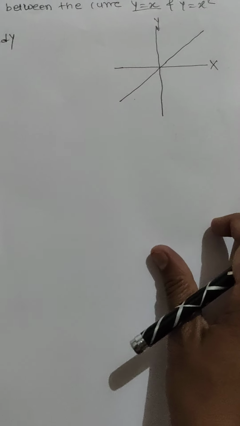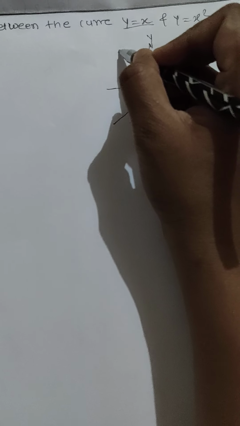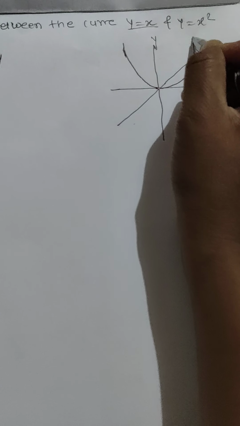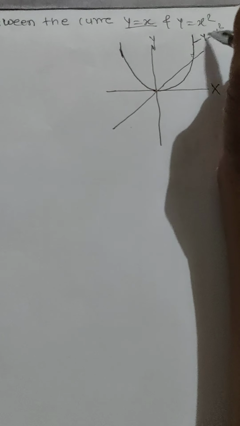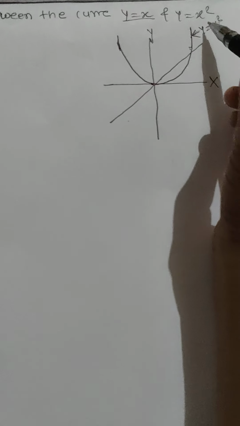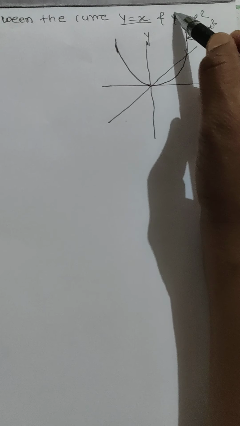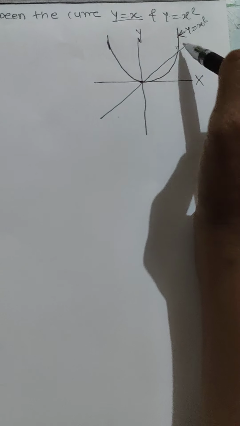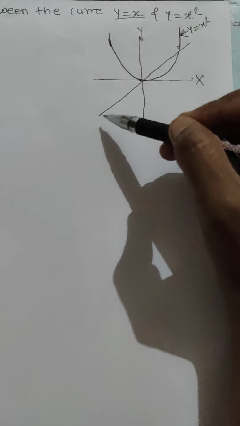And y equal to x square is a parabola, because x square equal to y, so y is positive. The curve will open upward along the y-axis. And the second, y equal to x, is the equation of a straight line.